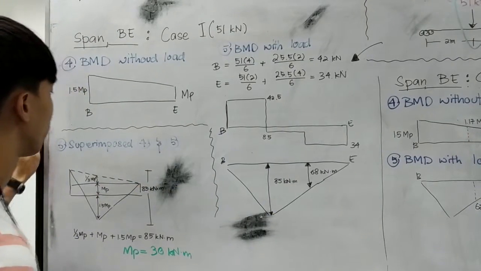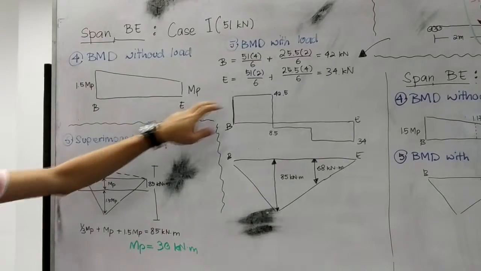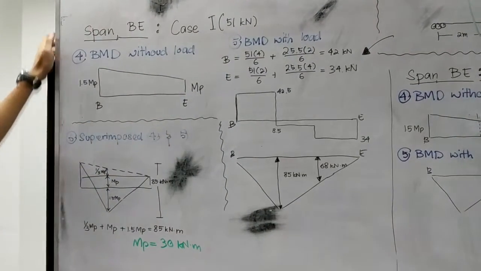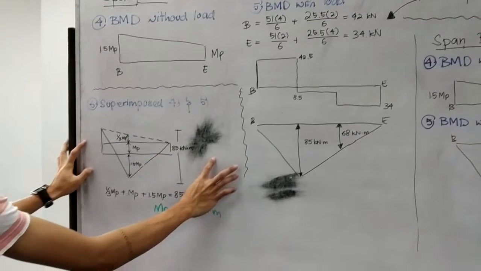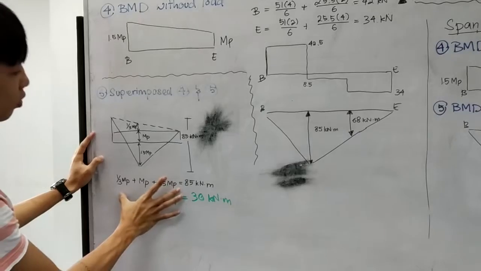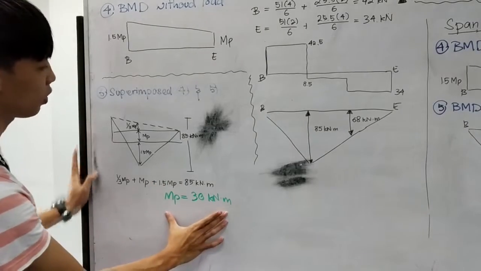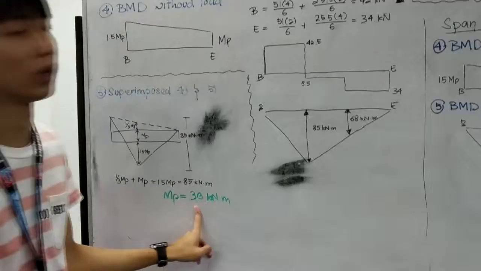Then the next step is for you to superimpose step 4 and step 5, which is you have to superimpose the BMD. So you get this one. Then by summing all the MP here, you will get the MP, which is equal to 30 kN, which is the moment.